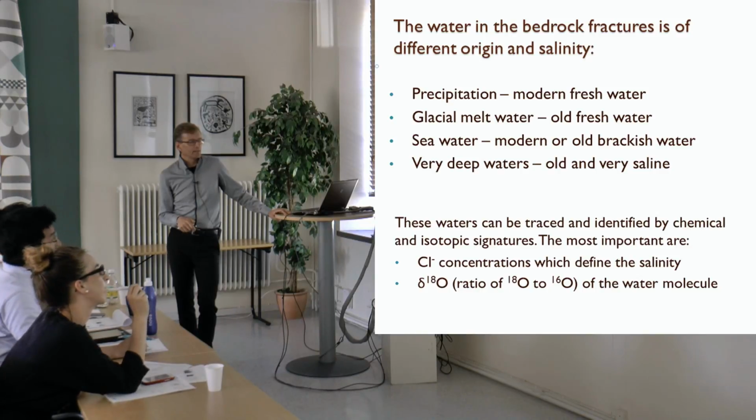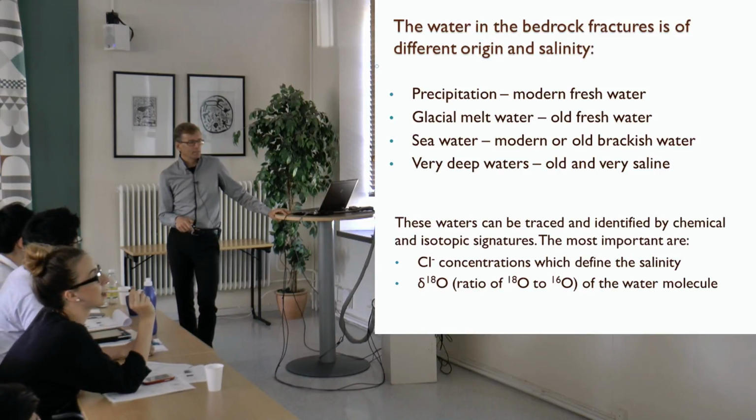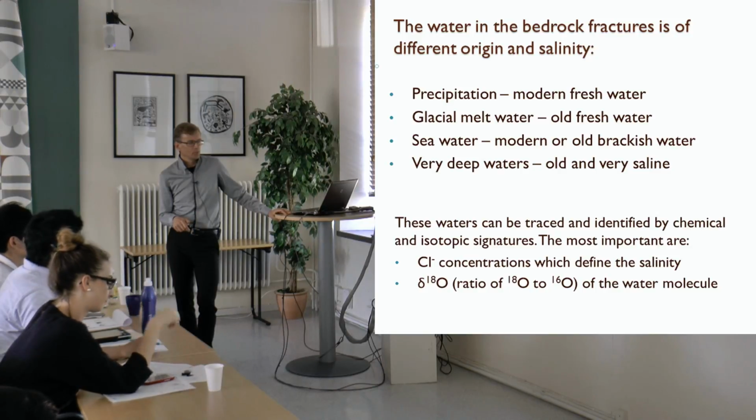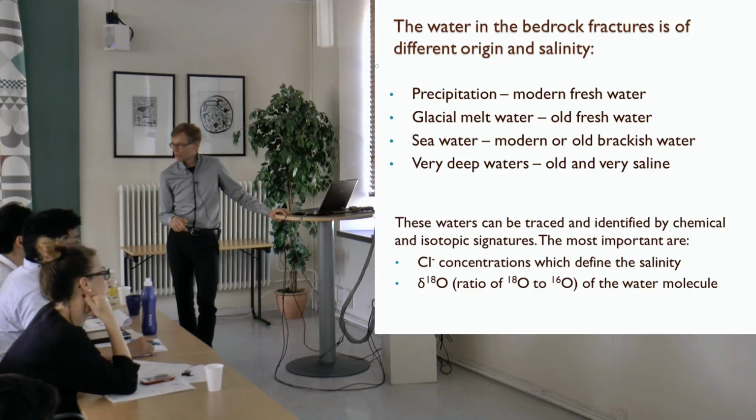And another very valuable variable in this context is the ratio of oxygen 18 to oxygen 16 of the water molecule. You know water, H2O, basic chemistry. Every water molecule has an oxygen, and it can be oxygen 18 or oxygen 16.